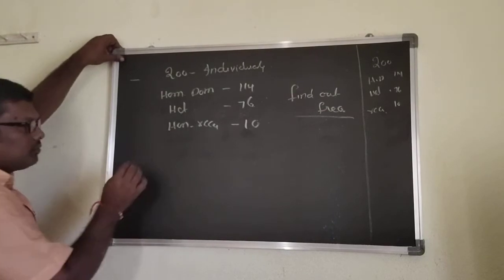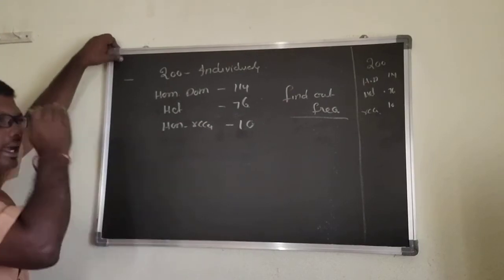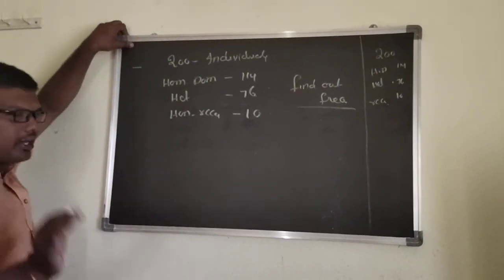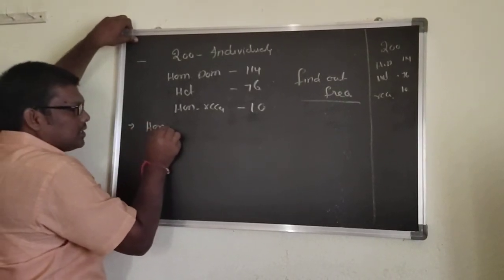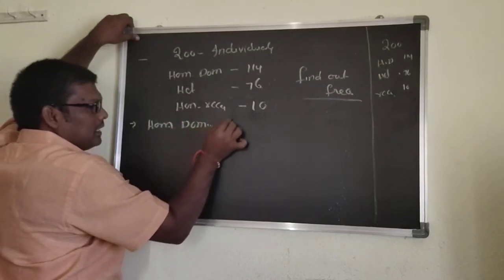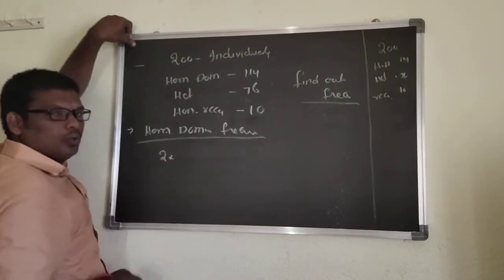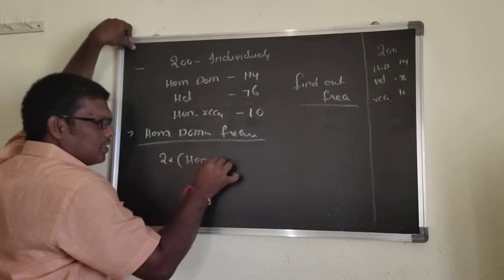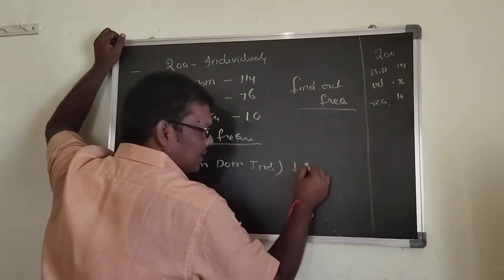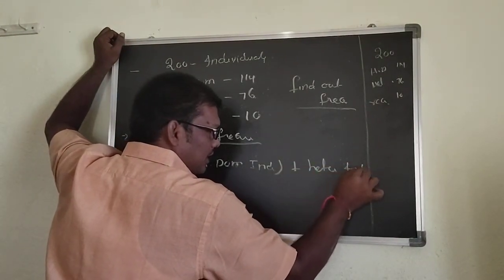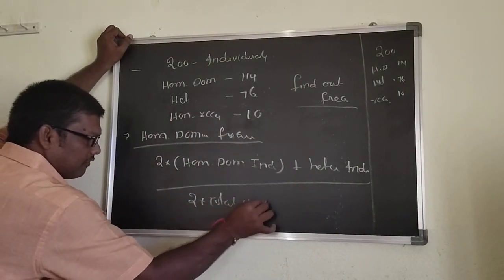If they give the individuals and you need to calculate the frequency, there is a formula. To calculate the homozygous dominant frequency, it is 2 into homozygous dominant individuals plus heterozygous individuals, divided by 2 into total number of individuals.